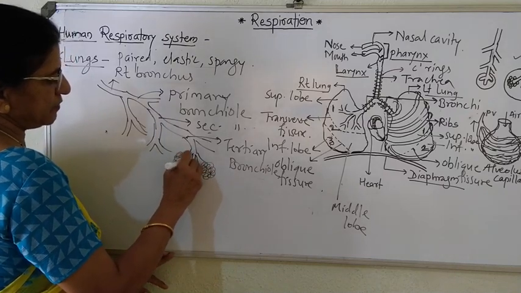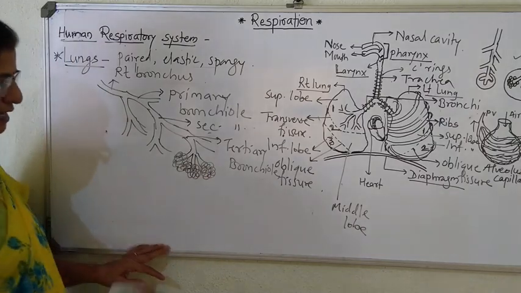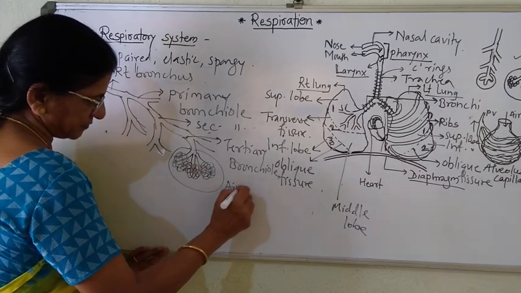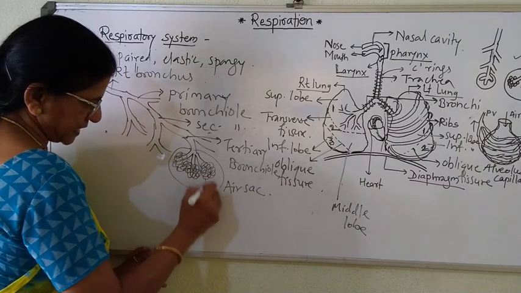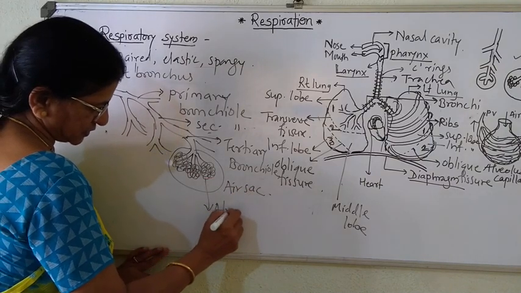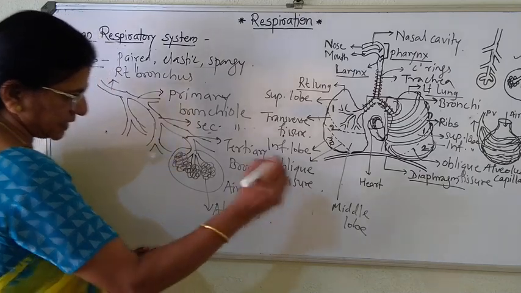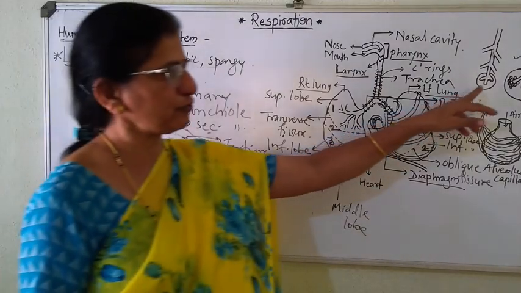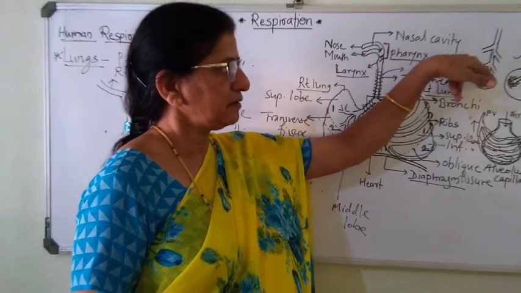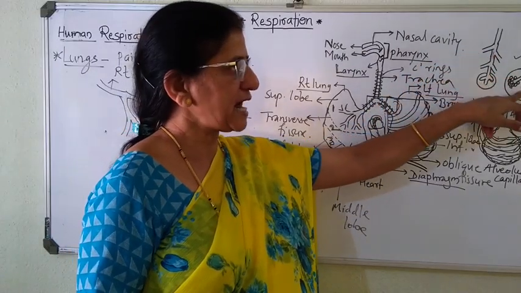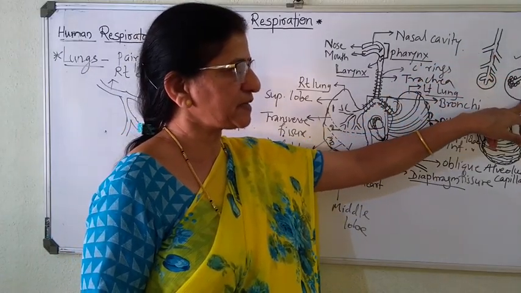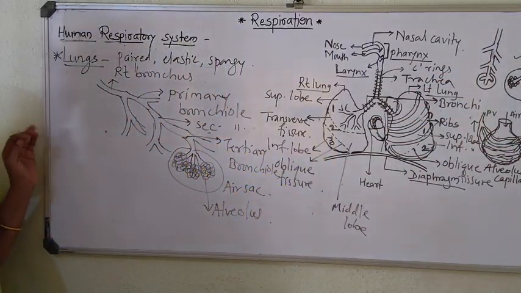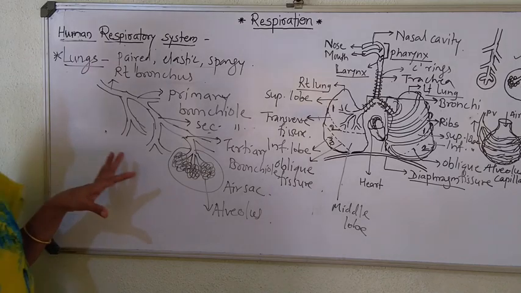This bunch of alveolus is known as an air sac containing alveolus. You can see here also. These are the branches of bronchioles. At the end, this air sac is present containing alveolus. Now, how the alveolus is, we'll see later on. Now you are clear cut.